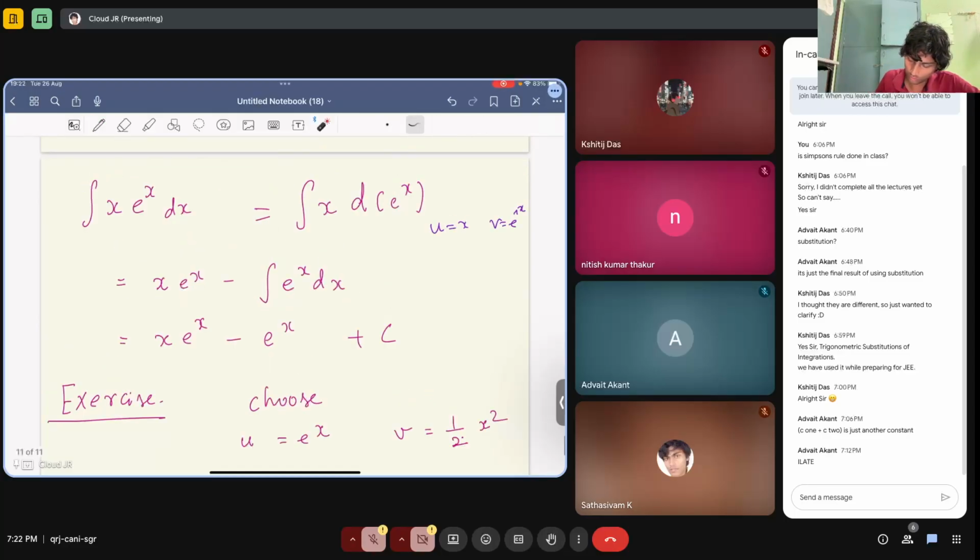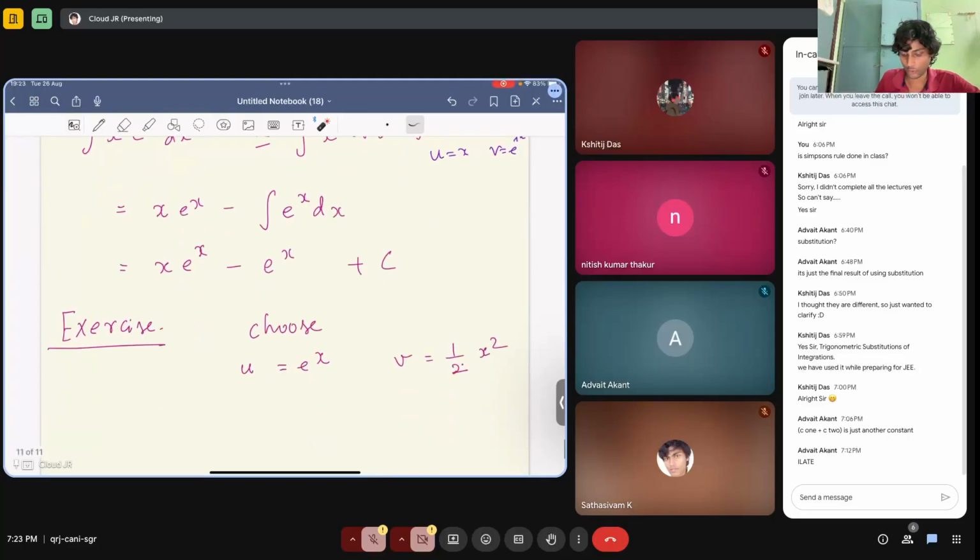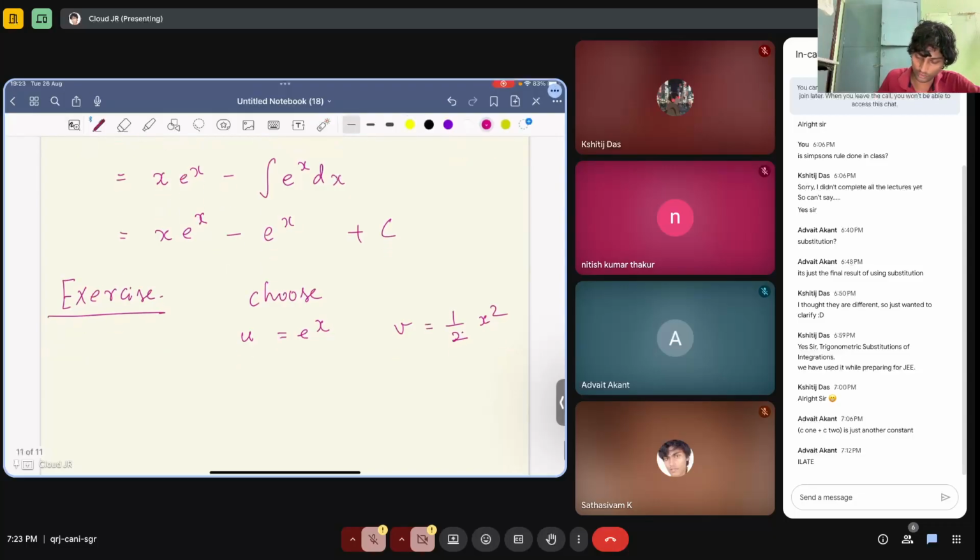So I have to see this as dv. Okay, so x dx should be equal to dv. So if I take the derivative, yeah, that will work. So choose this and see what happens, and try to apply integration by parts.